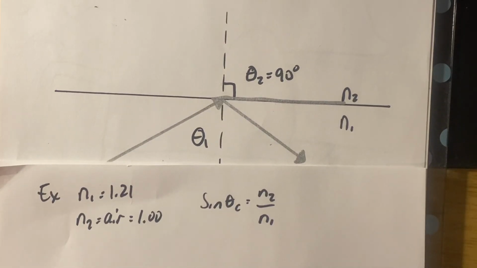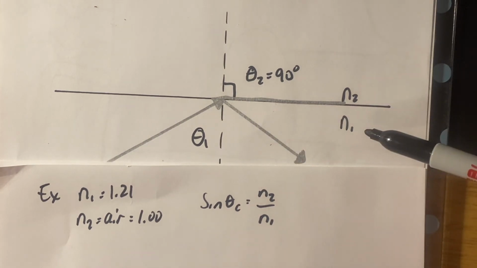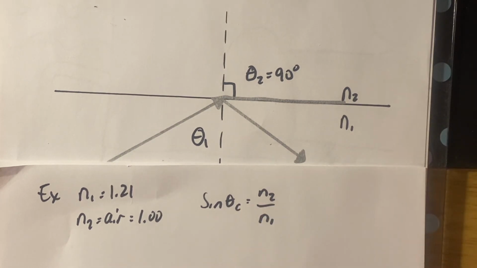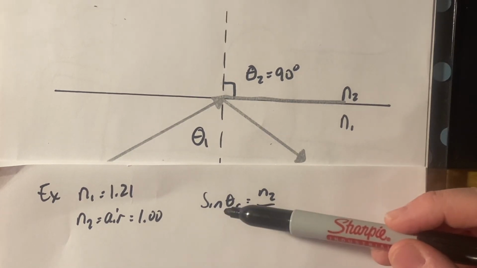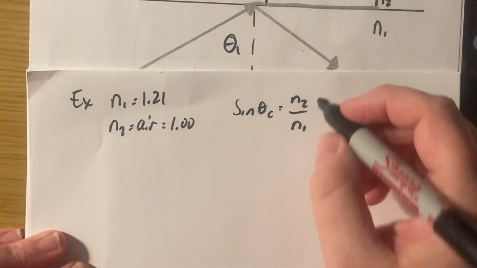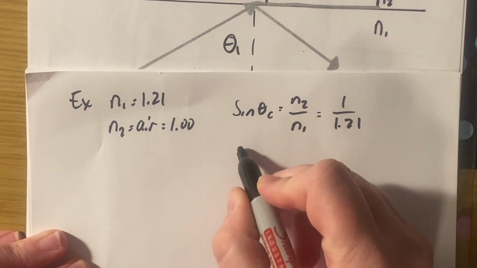So let's look at an example here. And in this situation, we are trying to figure out what our theta 1 is based on the information we know about N1 and N2. And so in this situation, N1 is going to be equal to 1.21 and N2 is air. And so we have sine theta 1 equals N2 over N1. And so we can put our numbers in, 1 over 1.21.